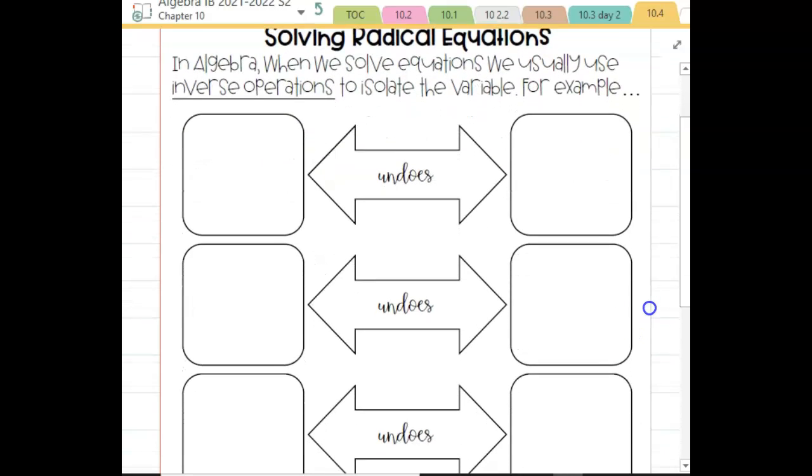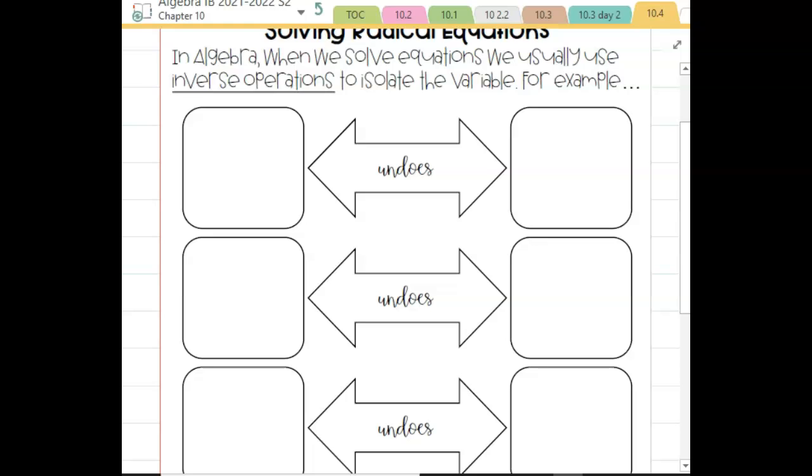So what I'd like to do is review these inverse operations that we already know, and then I'm going to add one to it that we maybe already know as well. The first and most basic operation, probably the first one that you learn in first or second grade maybe, is addition. If you have an equation that says x plus 3 and you need to get rid of the plus 3, you do subtraction.